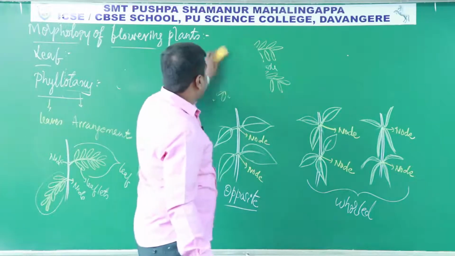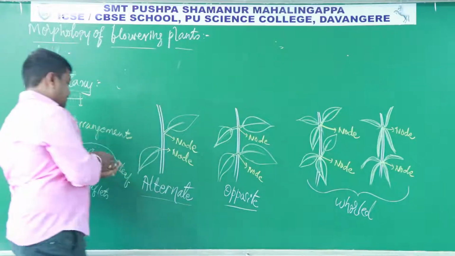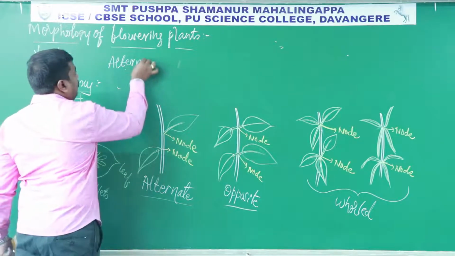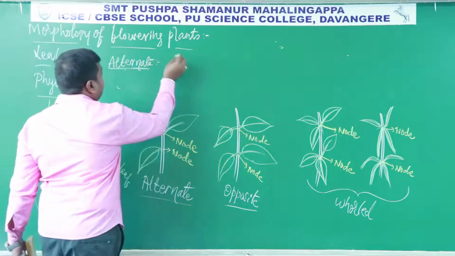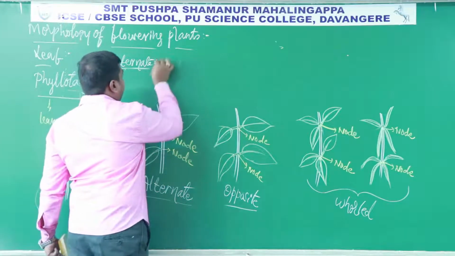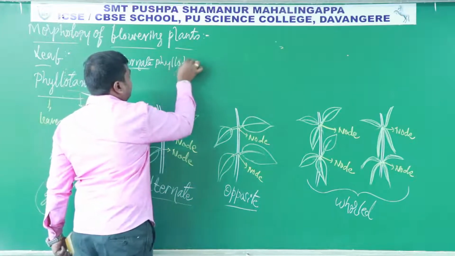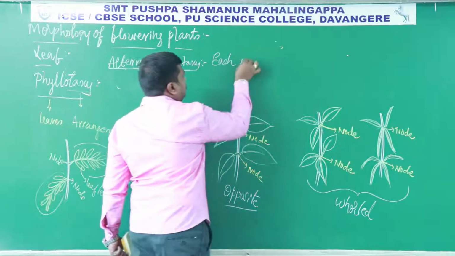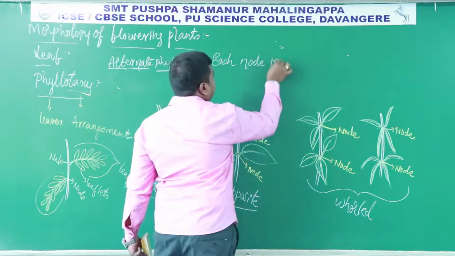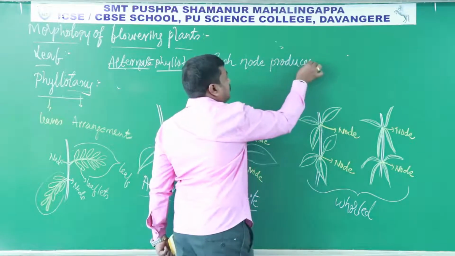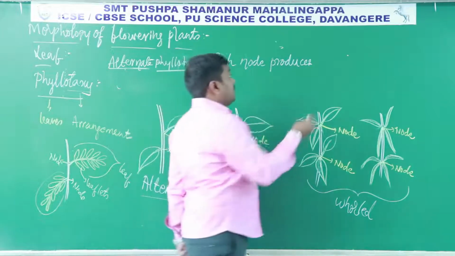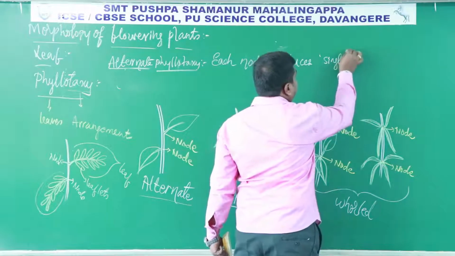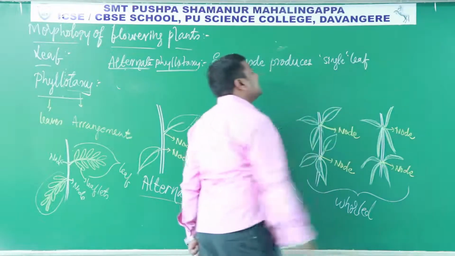So let me write the definitions for those phyllotaxy. Let's begin with alternate. In alternate phyllotaxy, each node produces a single leaf.